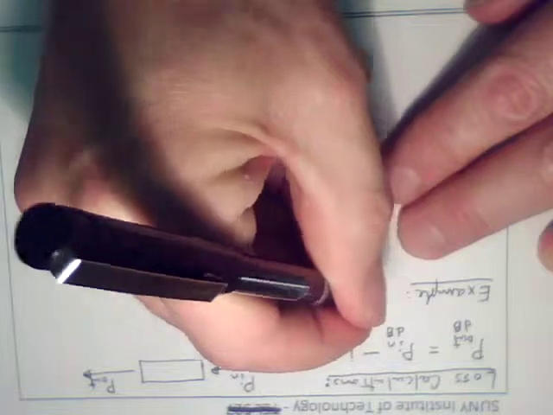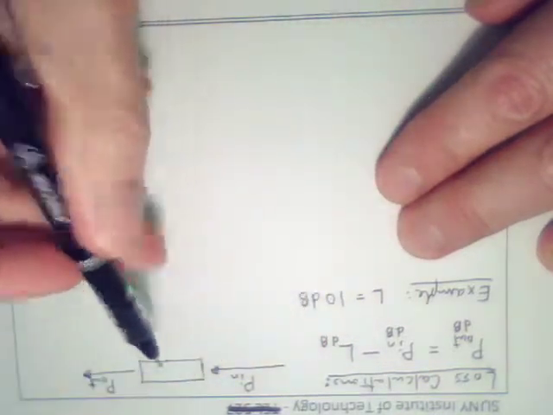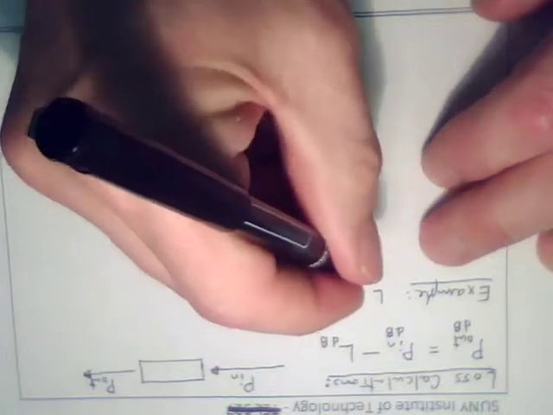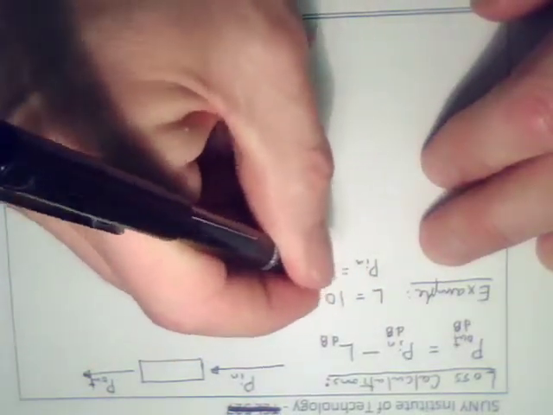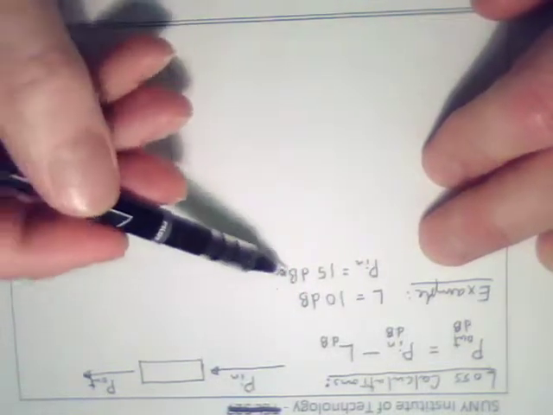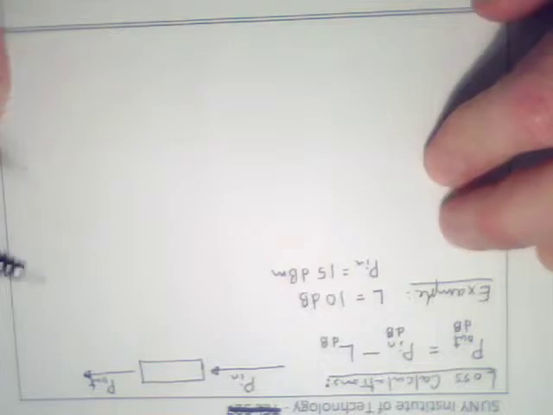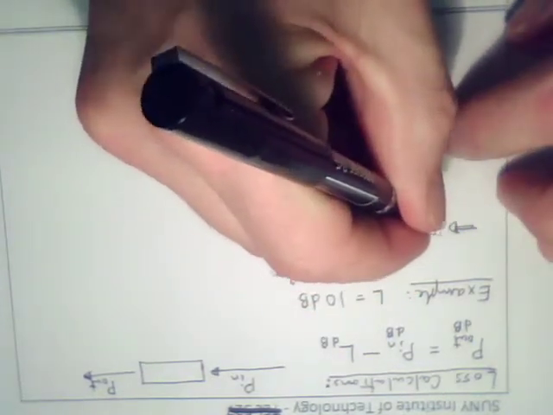And so, for example, if the loss is 10 dB of a particular transmission media, and the input power is 15 dBm, meaning 15 decibel milliwatts, then we can calculate the output power very simply.